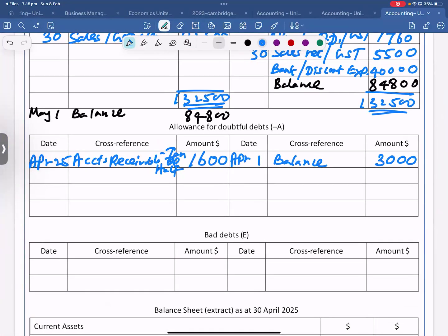We record it as the closing balance for 4,200 on April 30th, and then it will be the opening balance for the next period, 4,200, on May 1st. Is that clear?